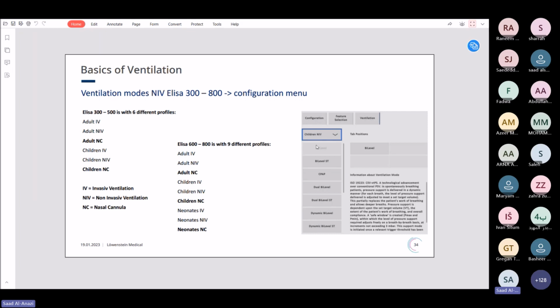So this is really a great option for you: you need to go to the configurations, move to the ventilation, and select all the modes that you need to see on the main screen.